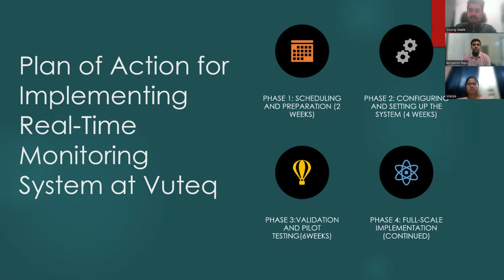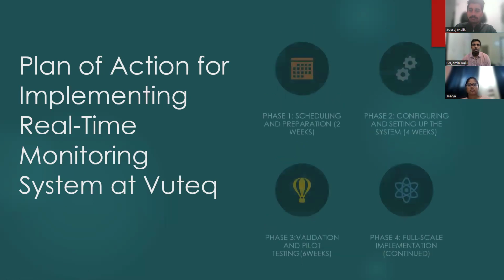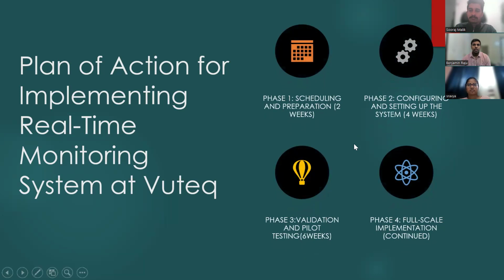Phase three is validation and trial run of the system, which takes around 6 weeks. And the final stage is implementing this technique at Viewtech for the future production of parts.